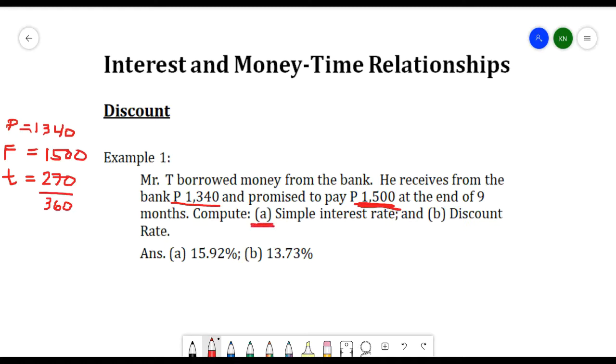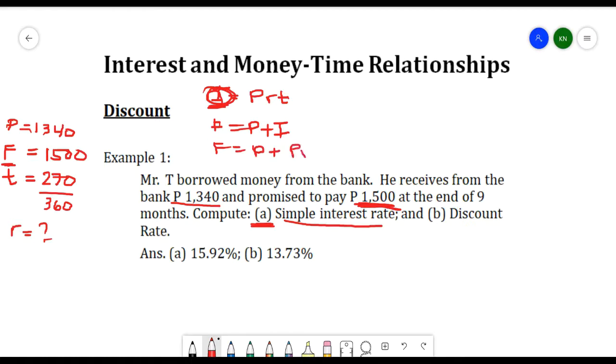Then we need to find the R, or the simple interest rate. From the formula of simple interest, we have I is equivalent to PRT. Since F is involved here and we are not looking for the I, we need to use the formula F is equivalent to P plus I, where I again is equivalent to PRT.